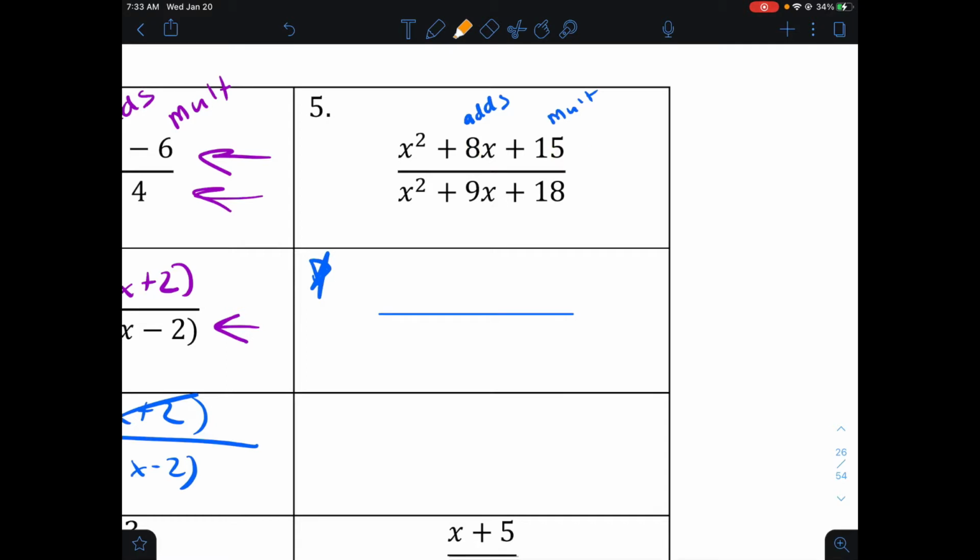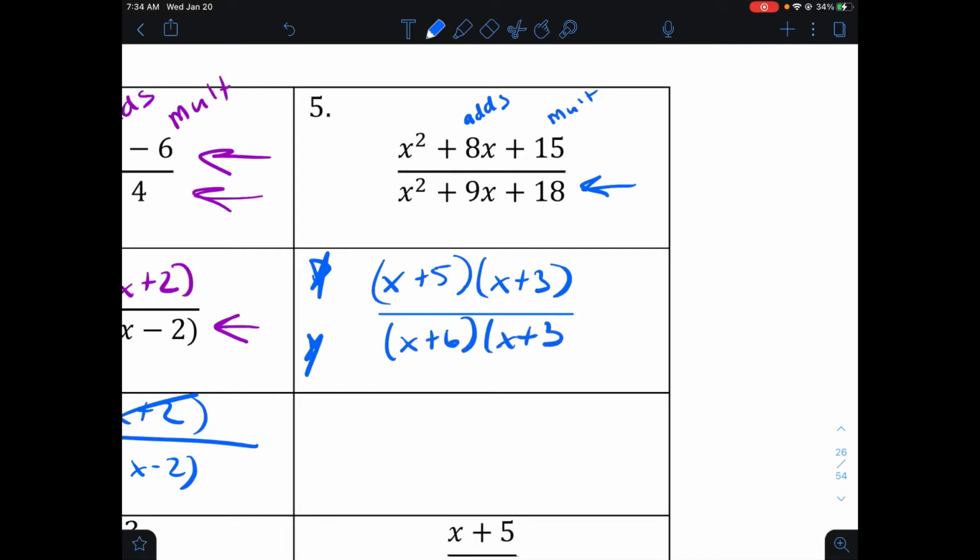To factor this top expression, you're going to get x plus 5 and x plus 3. Now I want you to go ahead and factor this bottom expression. Try factoring that bottom expression. You should get x plus 6 and x plus 3.